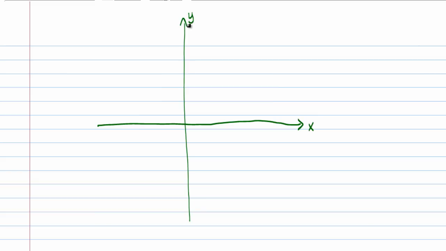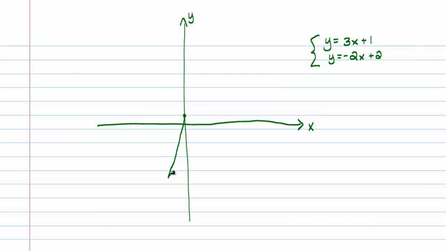The reason why it graphs nicely is that if you have two equations and two unknowns, let's say y equals 3x plus 1 and y equals negative 2x plus 2, you'd graph both. So here's one of them. I'm just going to pretend as though that's y equals 3x plus 1 here. And the negative 2x plus 2 would be something like that.